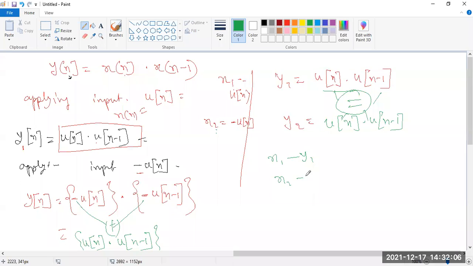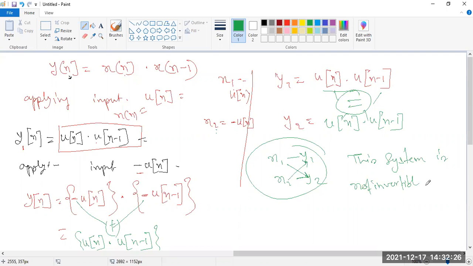One to one mapping is not possible here, because x1 and x2 are both mapped to the same output. So this system is not invertible.